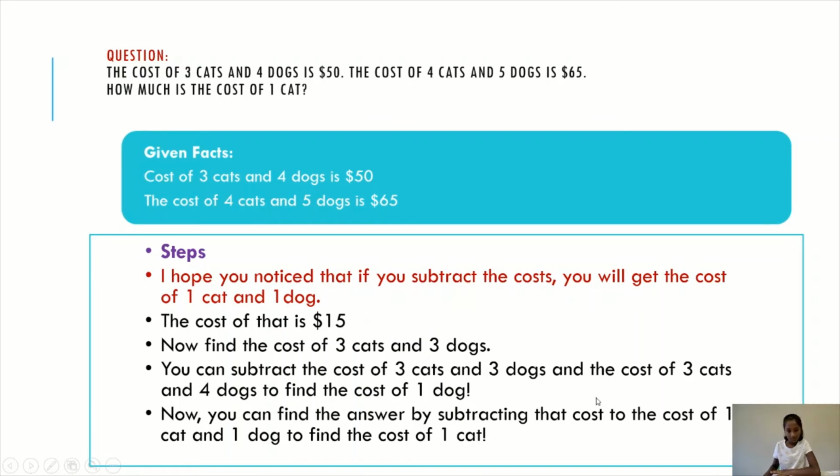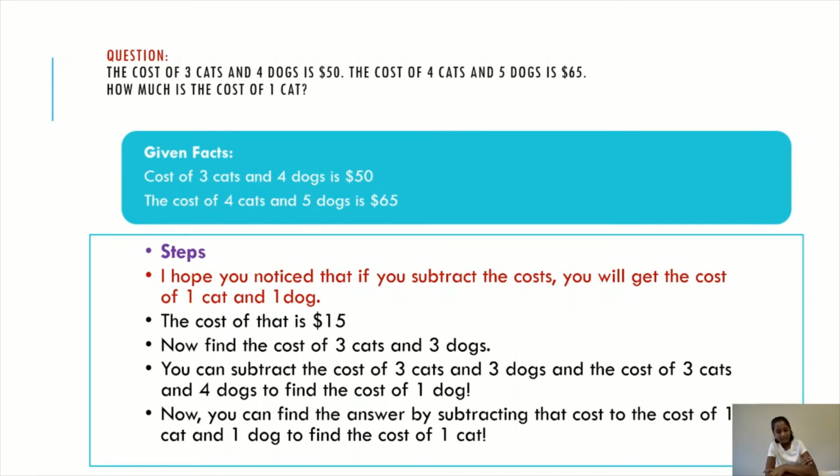So, subtract that from the cost of 3 cats and 4 dogs, which is $50. So, 45 minus 50 equals 5. Now we know the cost of 1 dog. 1 dog is $5. That's pretty cheap for a dog.